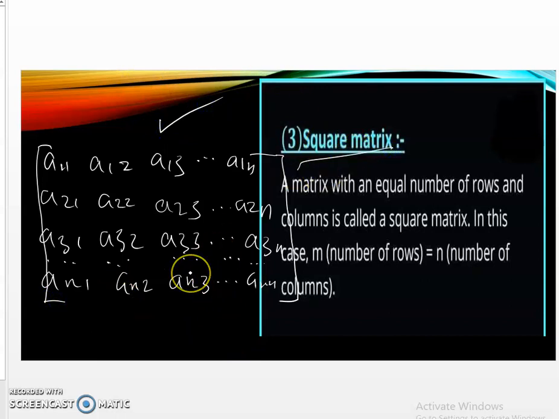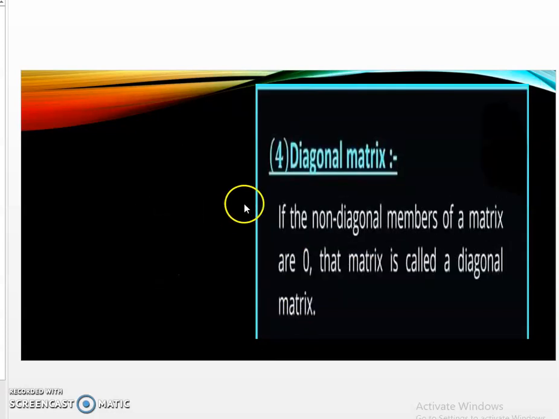Let's take another type of matrix. The fourth type of matrix is what we call the diagonal matrix. If the non-diagonal members of a matrix are 0, then that matrix is called a diagonal matrix. In linear algebra, a diagonal matrix is a matrix in which the entries outside the main diagonal are all 0.